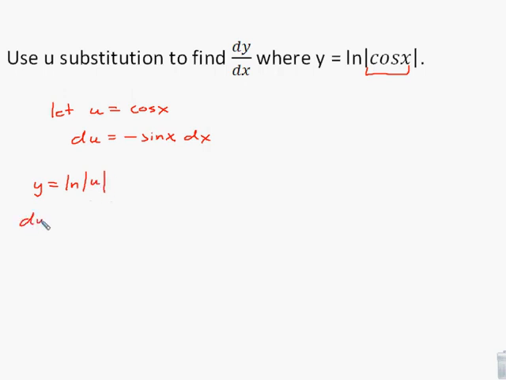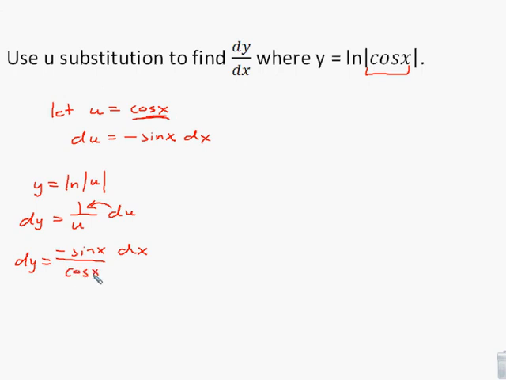Now we'll differentiate. That's dy equals 1 over u du. And substituting back in, the du is in the numerator here, du is negative sine of x dx, and u was equal to cosine, so that will go in the denominator.